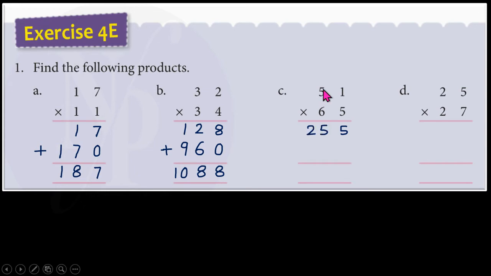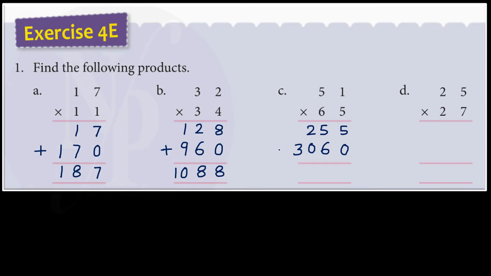Now multiplying 51 by 6. So we should put a 0 in ones place. And then we multiply. 6 ones are 6. Write 6 here. And then 6 5s are 30. Write 30 here. 3 in thousands place, 0 in hundreds place.